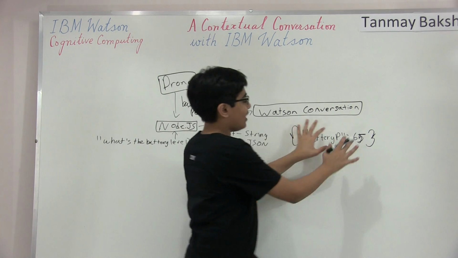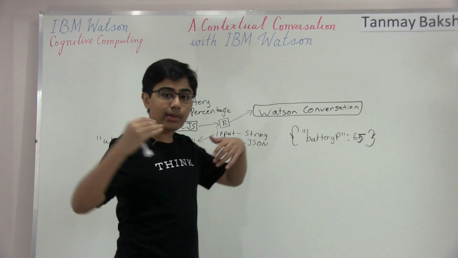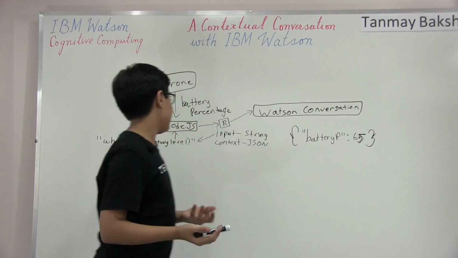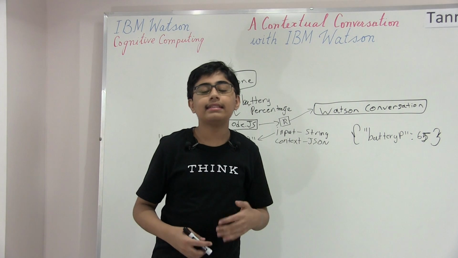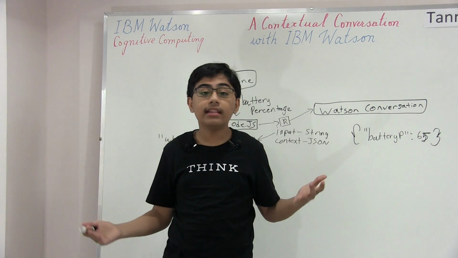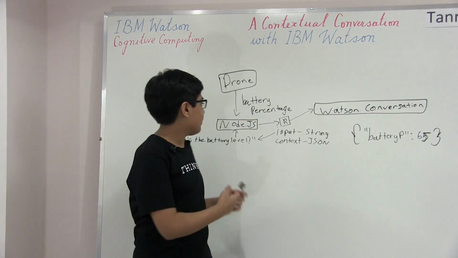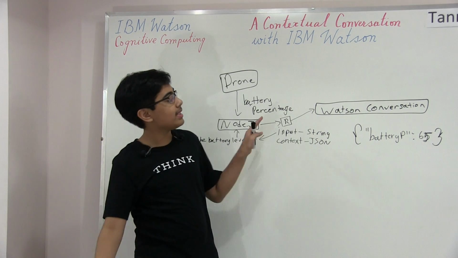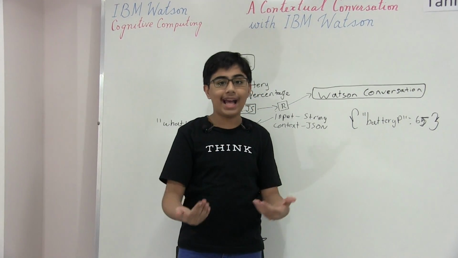But if it doesn't have this in its context, or this is equal to a null value, what's going to happen is it's going to go through another dialog chain so that it can return back to Node.js, essentially that, sorry, I don't have the battery information right now. Please try asking again later, or make sure that your drone's turned on. That type of thing. Same thing for altitude information, same thing for all this type of information that Watson conversation can give you if you ask for it.